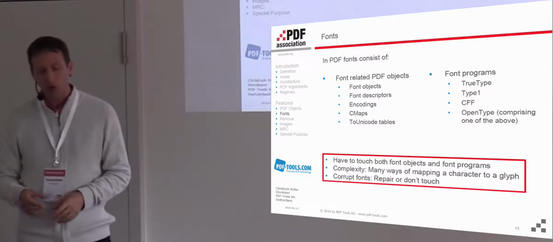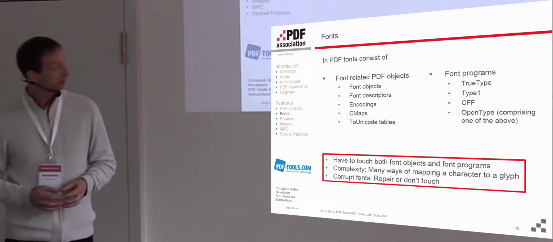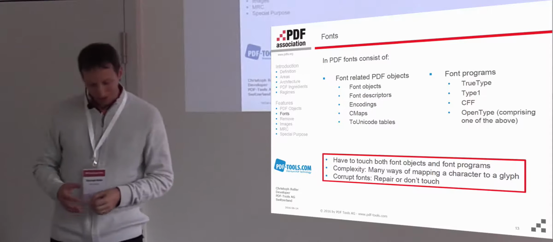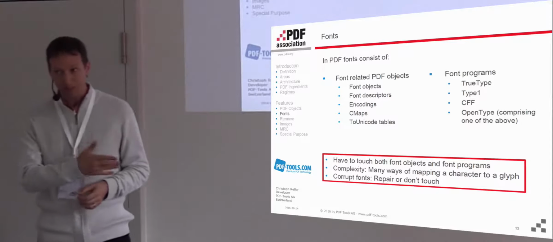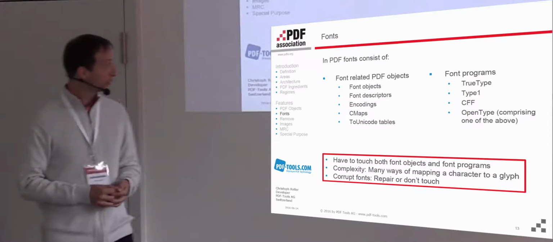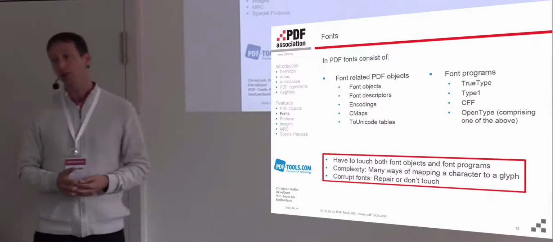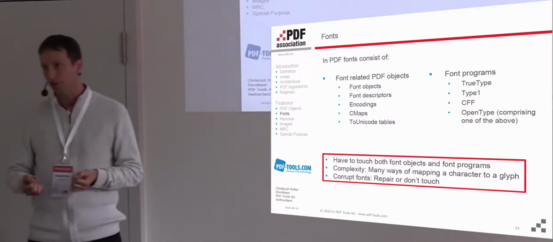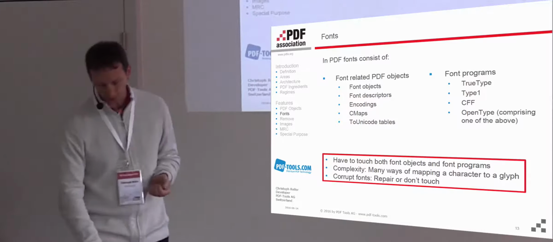It's not possible to only look at the font program, for instance. And the complexity basically comes from the many, many ways of mapping a character in a show string to a glyph in a PDF. And also this is one area where PDFs tend to be notoriously corrupt. Maybe because it is so difficult to create correct PDFs with respect to fonts.